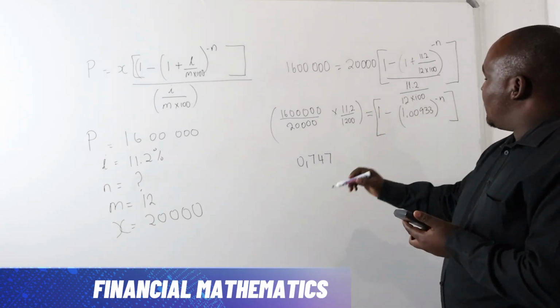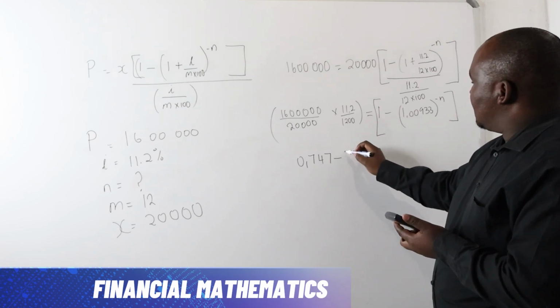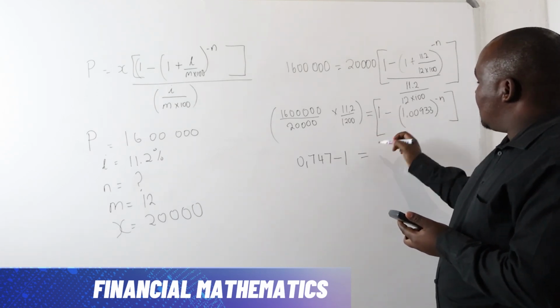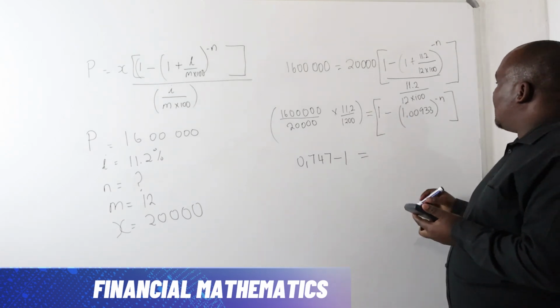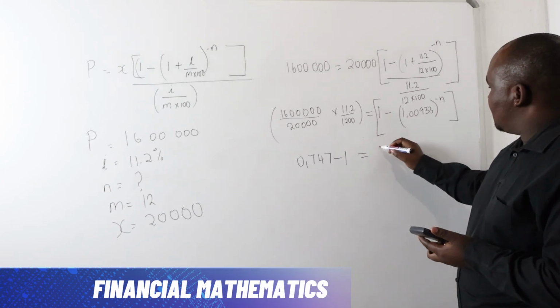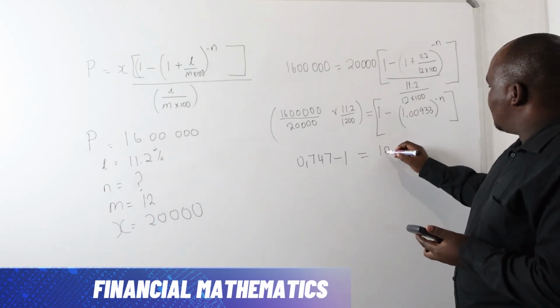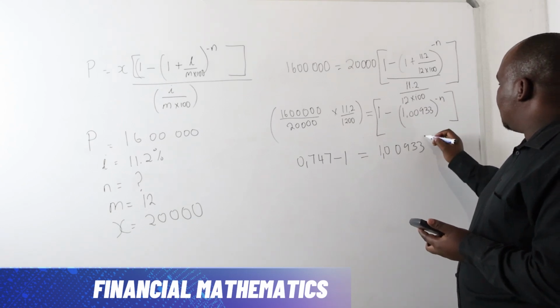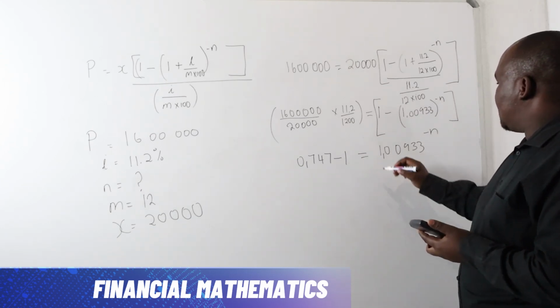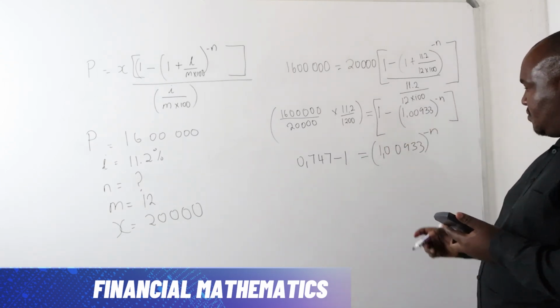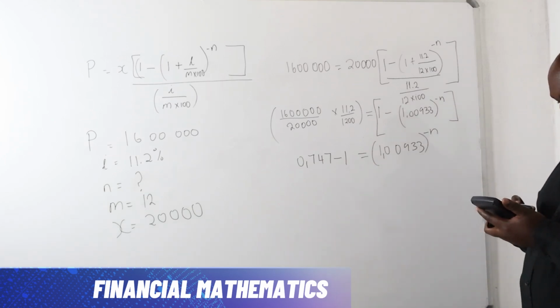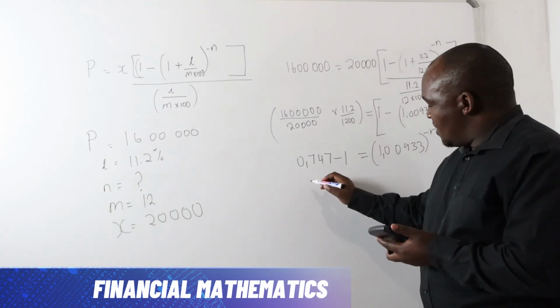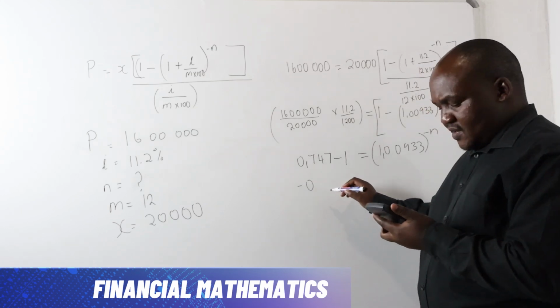What's the best way? We might as well take this one here, that side, and you are left with 1.00933 to the power minus n. You get negative 2.